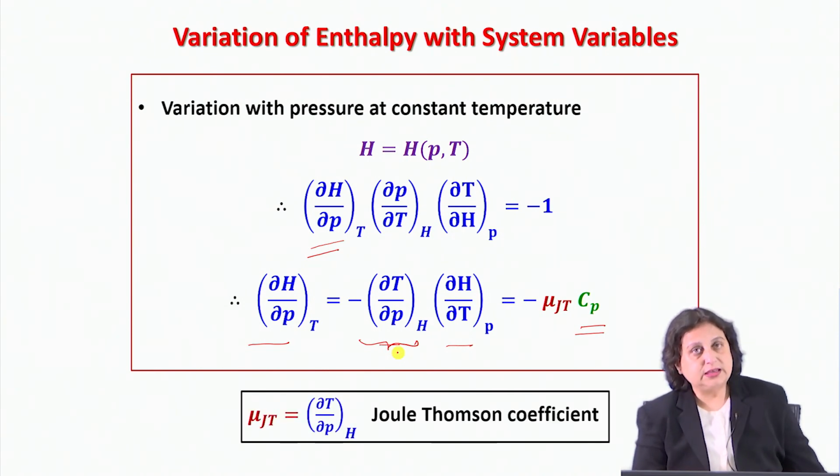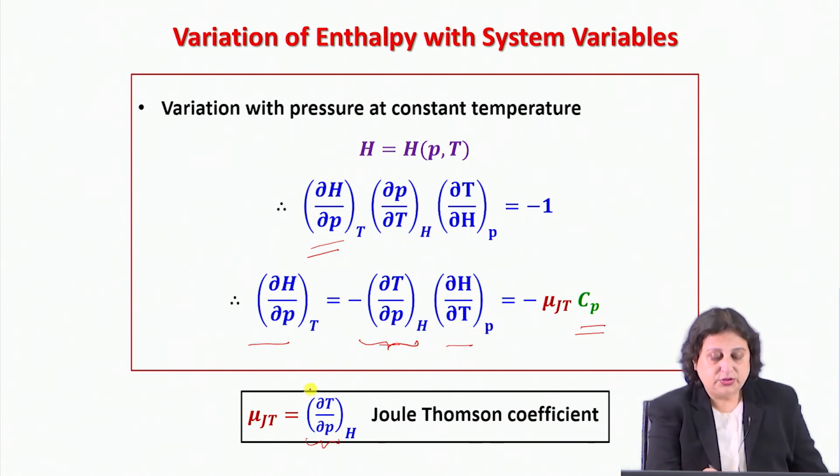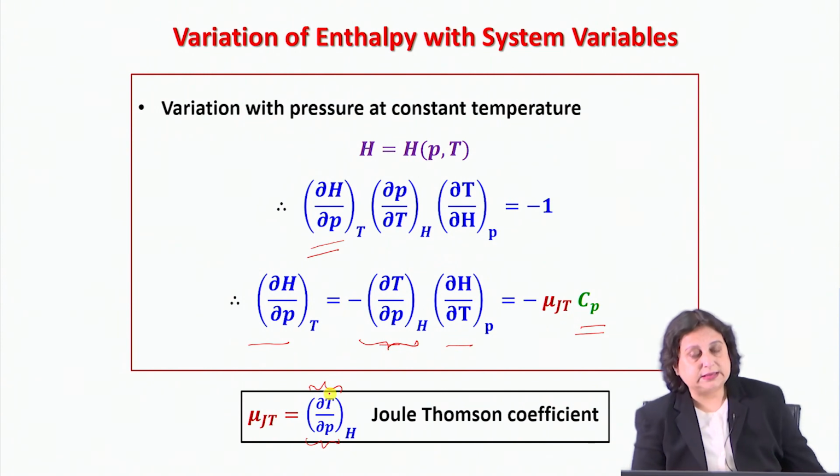So what is mu JT? This is another response function which is known as the Joule-Thomson coefficient, and it is a characteristic property of the system that you are studying. Now if I go back and see in what kind of experiment I can measure mu JT, I find that I must vary the pressure of the gas in that experiment and record the resultant change in temperature of the gas.